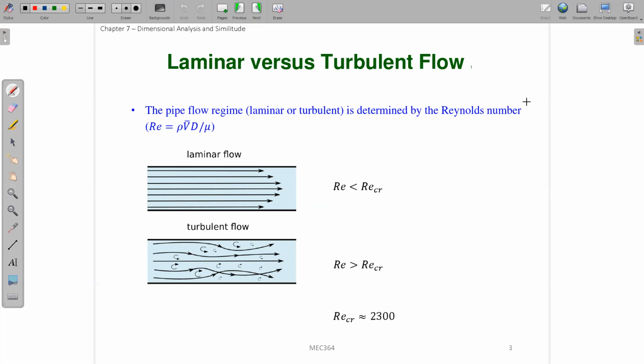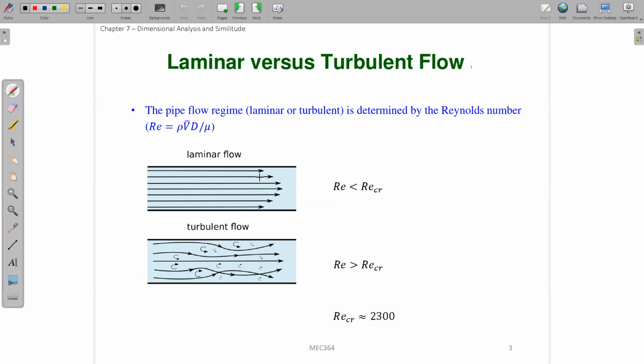And laminar flow basically means that the flow is very well organized. All the particles are moving like one smooth layer over another layer, right? So one layer here, another layer here. For the flow inside this pipe, you can think that their path line is like a straight line.